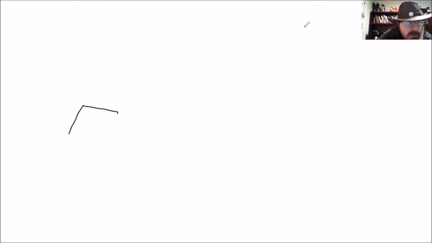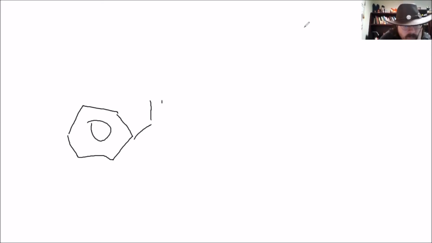Now, there's two ways you can name this one. One is probably the more common way you're going to see. If you think of it as a benzyl group, I'm not sure this one's right, but benzyl... No, probably not, because that'd be confusing with benzyl.